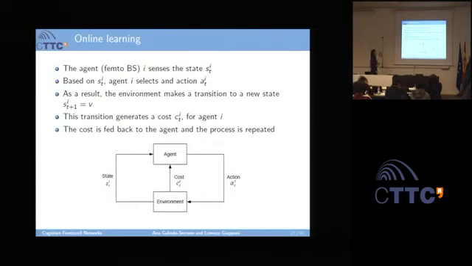Then, as a result of the execution of the selected action, the environment will make a transition to a new state. And this transition will generate a cost for the agent, which evaluates the consequence of executing the action in the given state. And this cost is fed back to the agent, and the process is repeated. Okay?